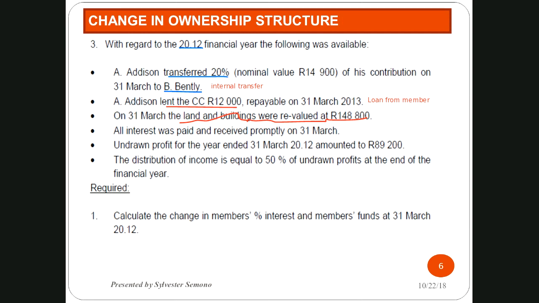Was 111,600. I'm just trying to analyze, guys. Let me just do it for you here. Please let me know if you're a little bit lost. So the balance was how much? Was 111,600. And the current amount, they say it must be how much? They say it's 148,800. So if I minus that balance, you can even go back to the trial balance. The balance is given to us as 111,600.